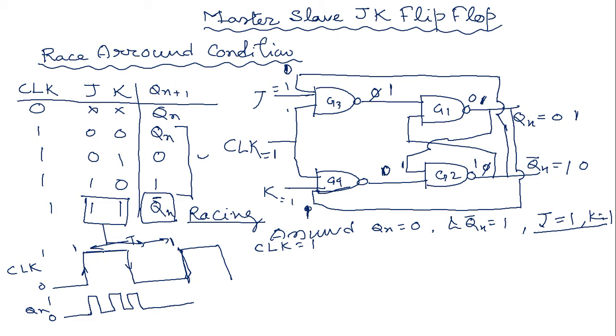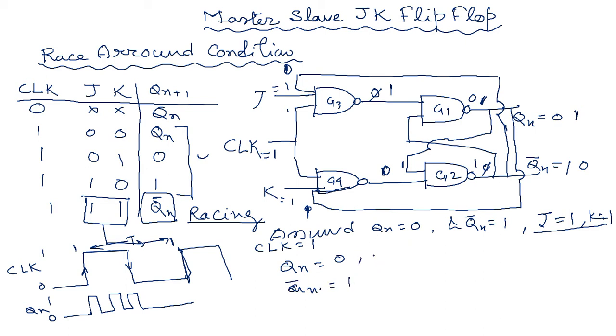So whenever the clock equals 1, that means clock is in high condition, we will see multiple changes in the Qn. First when Qn is 0, Qn complement is 1.